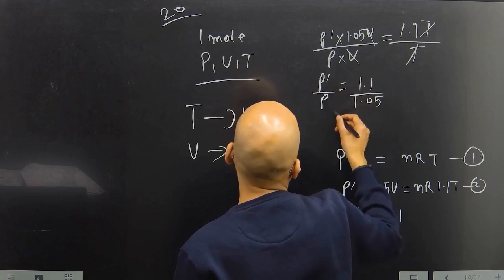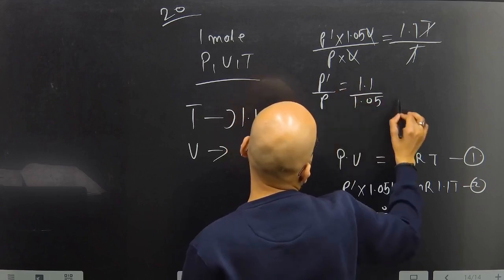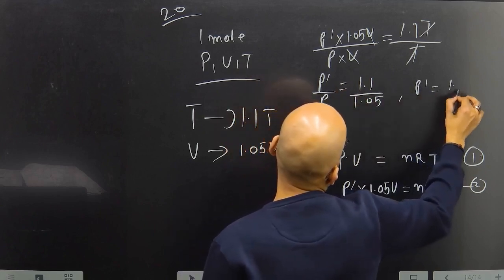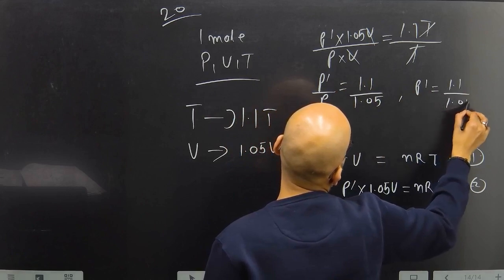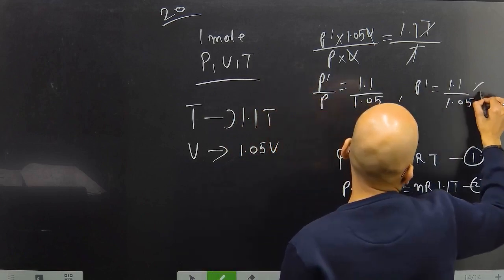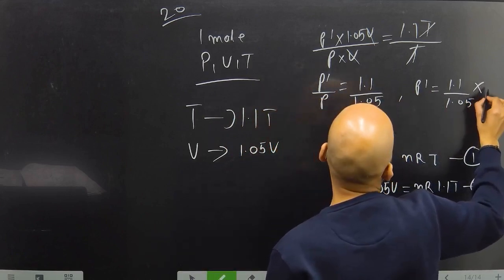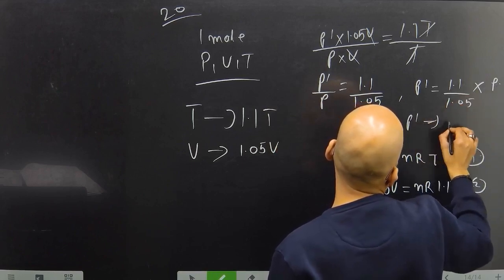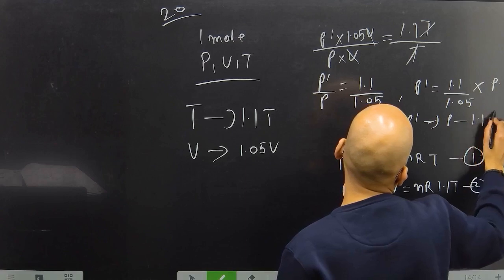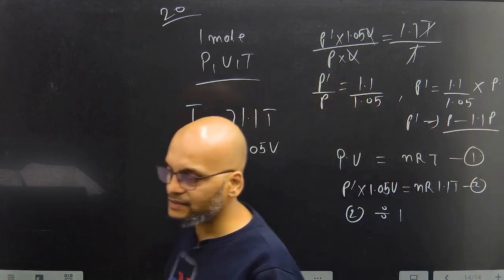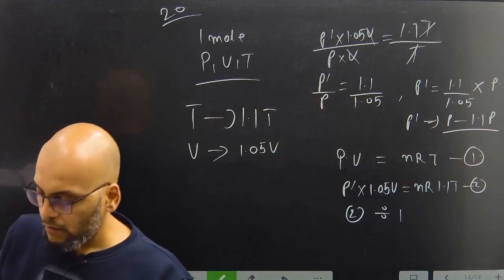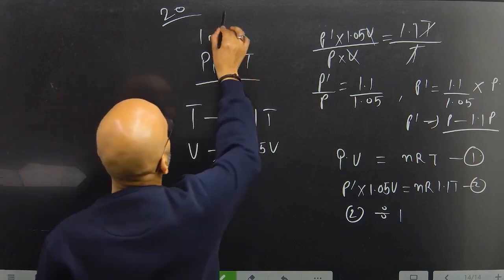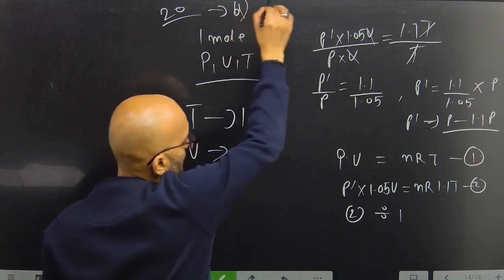You can solve it. So P dash will be 1.1 upon 1.05 into P. So P dash will be approximately 1.1 P. So that is option D. Option D. Clear? Easy question.